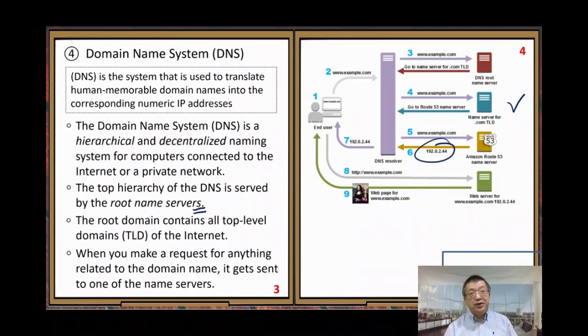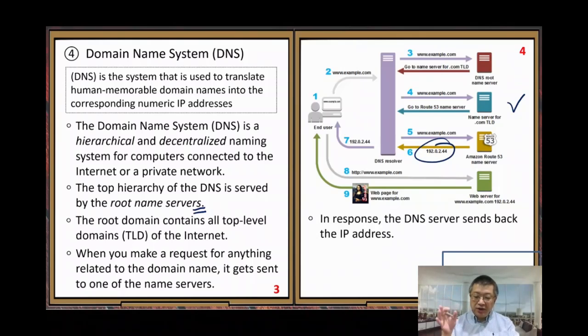Now your client machine, after you receive the correct real IP address, the browser will automatically use that IP address and send the request to the server in a hidden way. As an end user, you cannot see the IP address. All those things happen behind the scenes. A lot of steps happen behind the scenes.